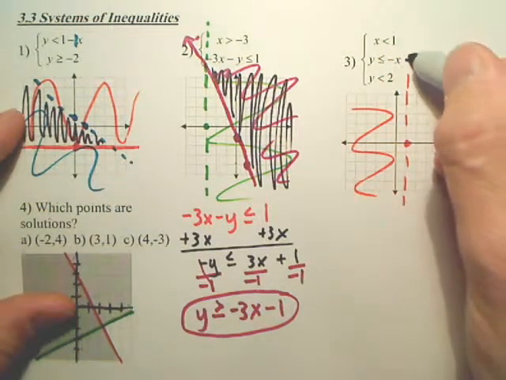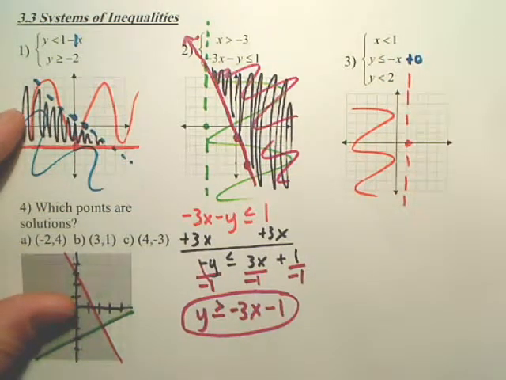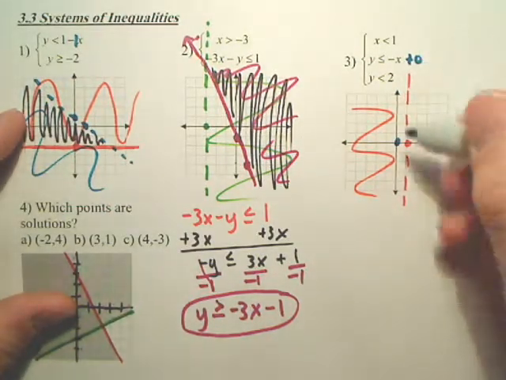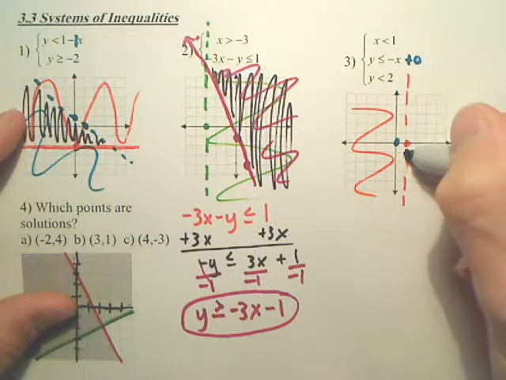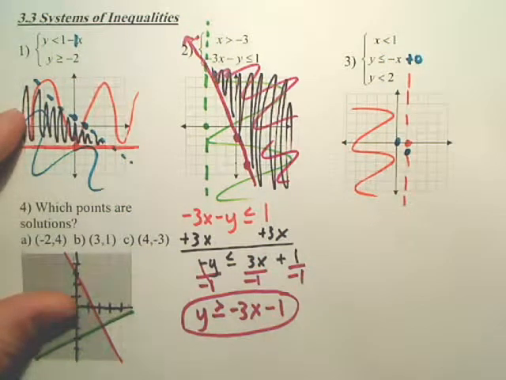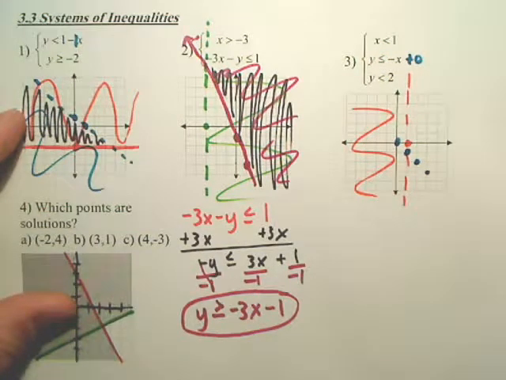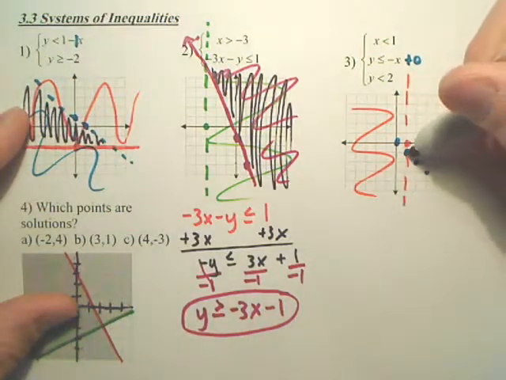This one, do you understand there's kind of a plus 0 here? So we start at 0. Negative x means negative 1. So down 1 over 1. Could keep doing that if I wanted to. It's or equal to, so that means it's solid.